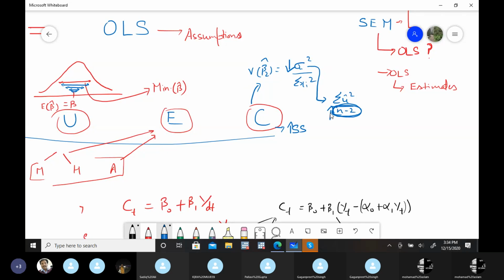That's why if the sample size increases, this variance decreases, and that's what we call consistent estimators. We need that because we need our estimators near the population estimates, and being really equal to the population is only possible with a large sample size.